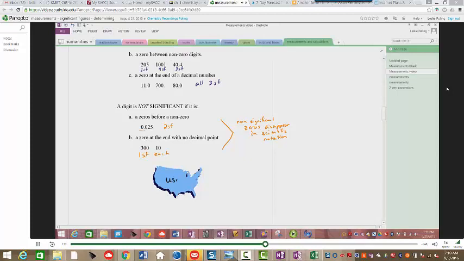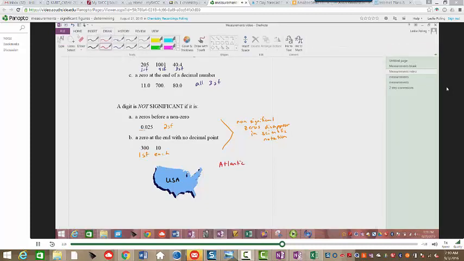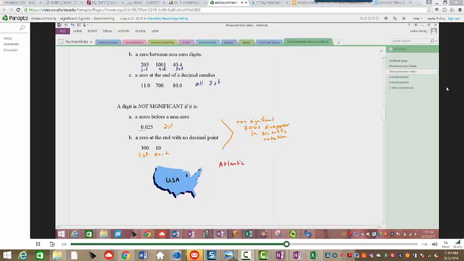Now, I've got a map of the United States here. This is going to give you a little visual that might help you remember significant digits. Because when you picture the United States, you know that the Atlantic Ocean is off the east coast, and the Pacific Ocean is off the west coast.